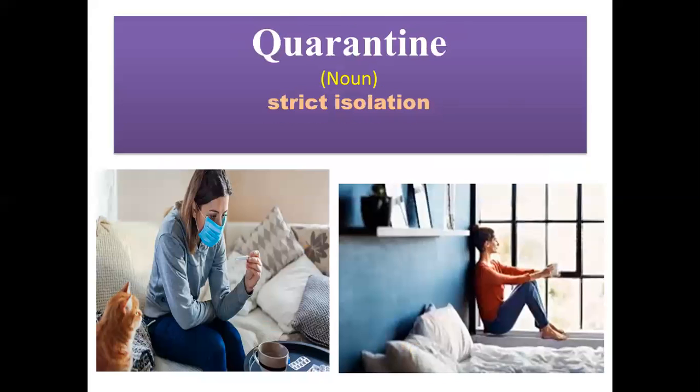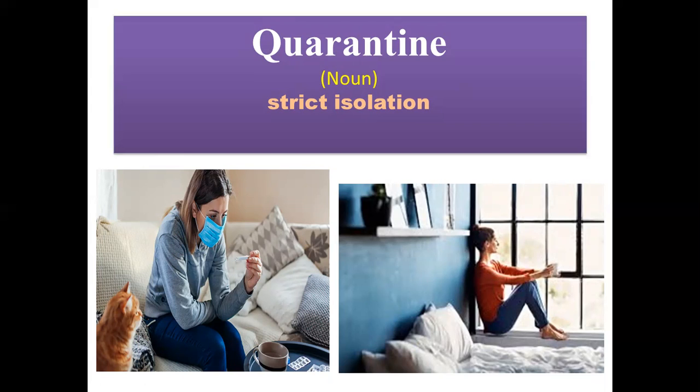Next is quarantine. Quarantine is strict isolation. As you can see here, two girls sitting in their own rooms alone. Like it's isolating yourself, but strictly. Not going out in public and not letting anyone get inside your isolation place. So that's called quarantine. You don't let anybody in and you don't go out.